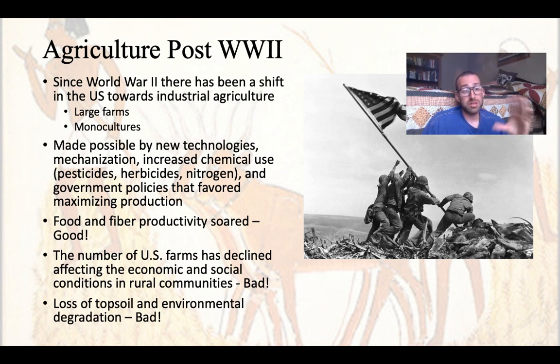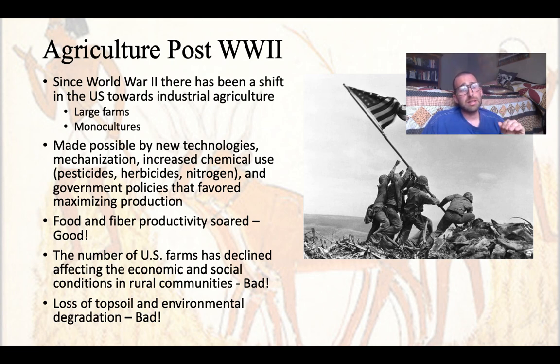So we see a loss of small farms. There's now a fewer number of farms, and they consist of very, very big farms. Small and medium-sized farms are starting to go under. And this is going to change the communities in which these farms existed.